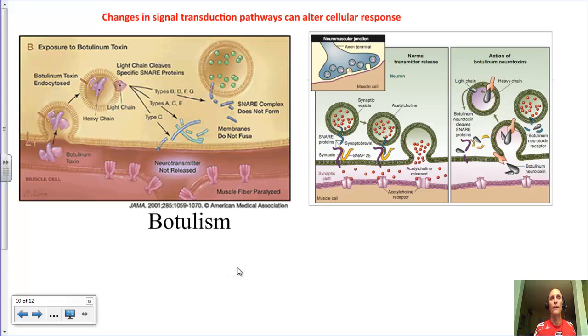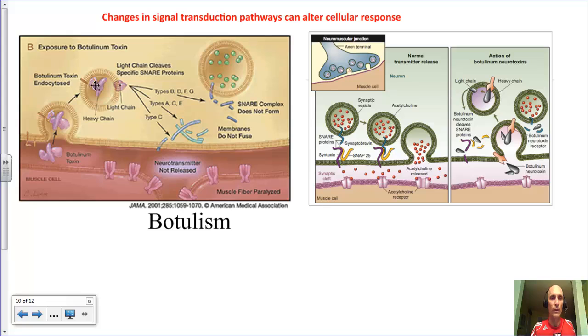Now, what happens if we have a problem with our signal transduction pathway? In that case, you can get a disease, or you can get an illness. So let's say that you have decided to eat a tainted can of green beans, and you pick up a botulism bacteria. And what's going to happen with these guys, here's a botulism toxin right here.